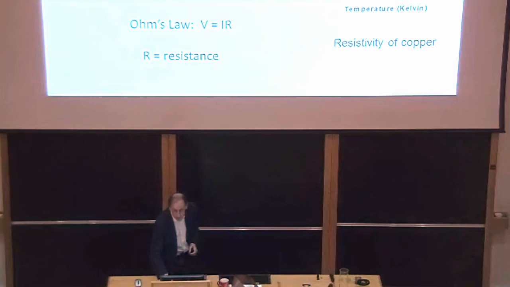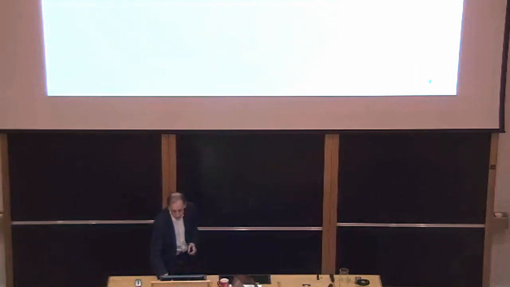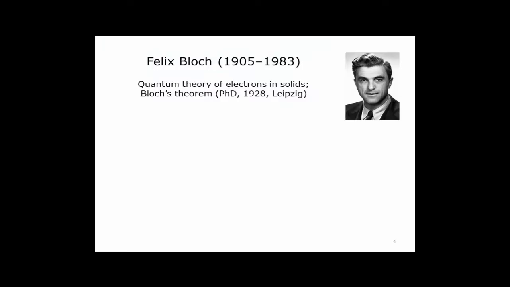Now, of course, this picture completely neglects quantum mechanics. And the first person to attempt to apply quantum mechanics to electrons in solids was a Swiss physicist called Felix Bloch. One of the important insights from quantum mechanics is that particles can sometimes behave like waves.